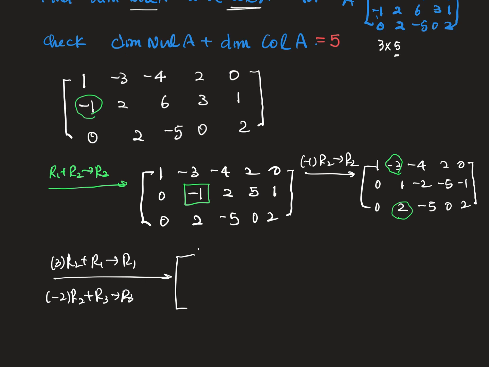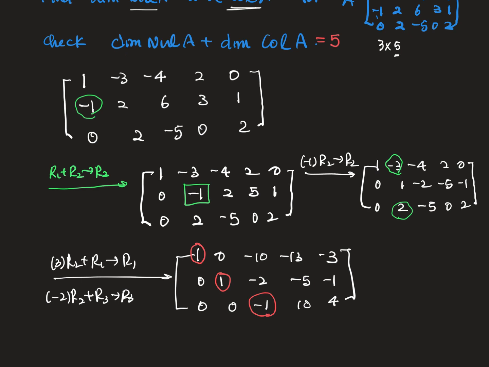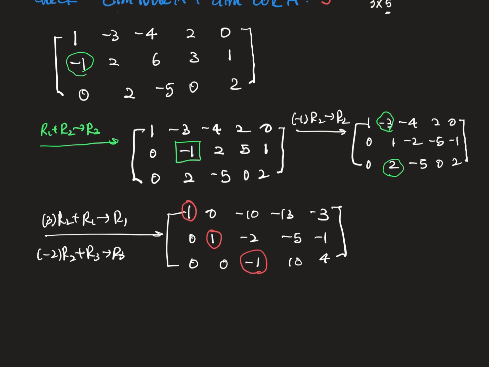So I have 1, 0, -10, -13, -3; 0, 1, -2, -5, -1; 0, 0, -1, 10, 4. Okay, you already knew, guys. Let's change this. This is a pivot: first column, second column, third column. Even this one is negative 1, you can change it by multiplying by negative 1. So negative 1 R3 goes to R3. Actually, you don't have to, but make sure, right?